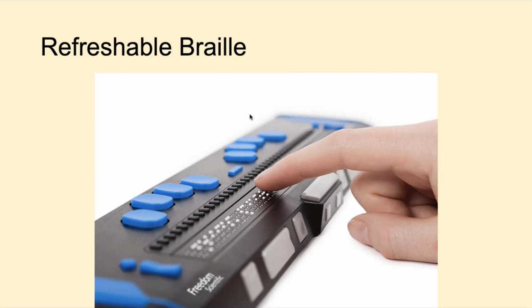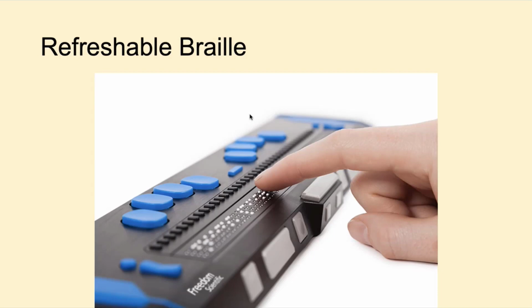Now, because of where we are with modern technology and the way that we now know how to make things more accessible, there are some amazing technologies that people can use, such as Refreshable Braille. So the principle is exactly the same as the more traditional versions of Braille, where it was printed on card.